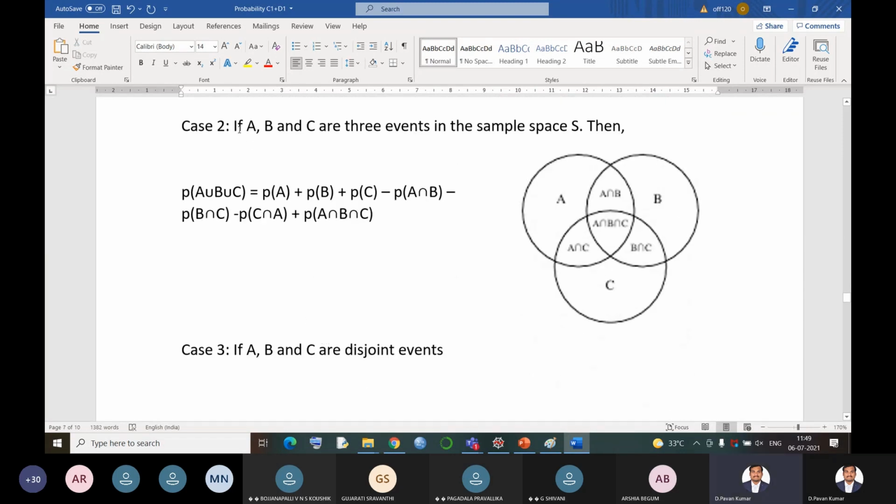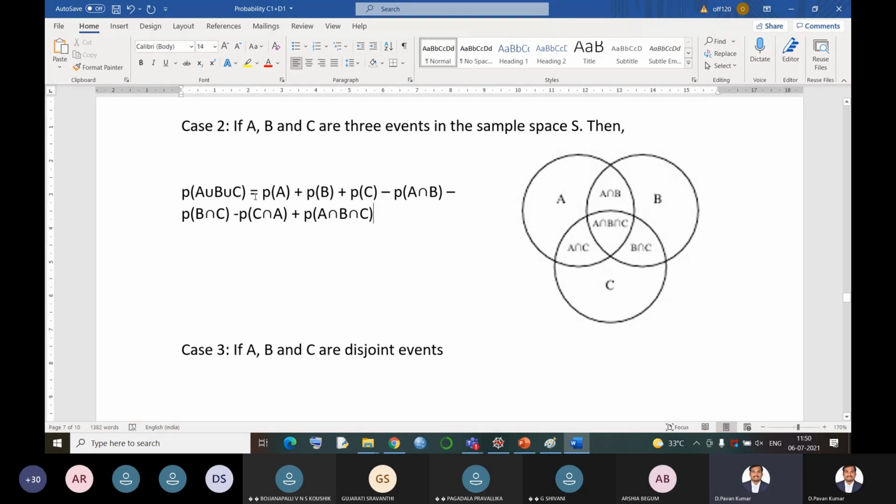Now, we have case number 2. What is case 2? If A, B, C are three events in a sample space. In the statement of the addition theorem, I have taken only two, A and B, in a sample space. Now let us suppose three events are there and all three are intersecting, then what is the formula we have?